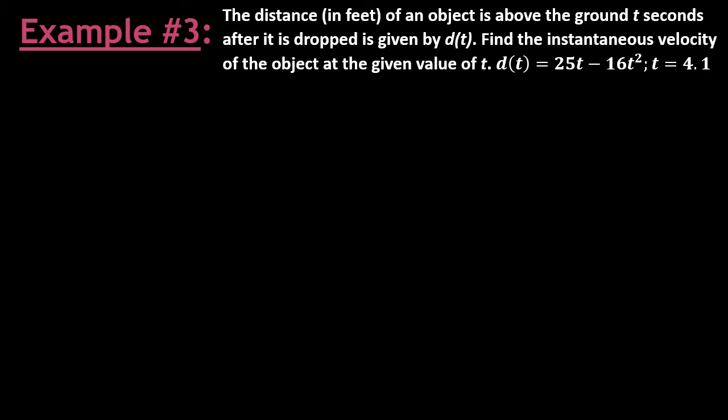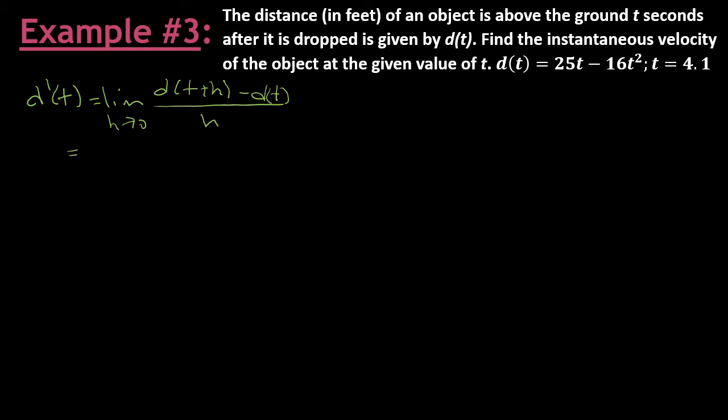So we are going to start off by finding d prime of t, which is going to be the limit as h approaches 0 of d of t plus h minus d of t all over h.